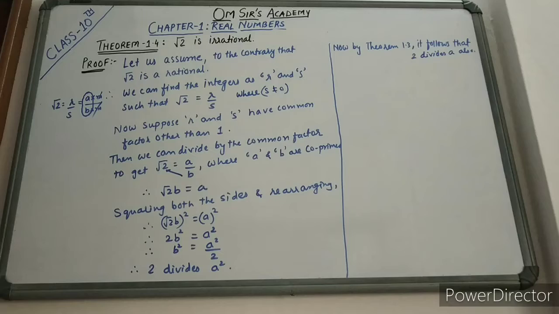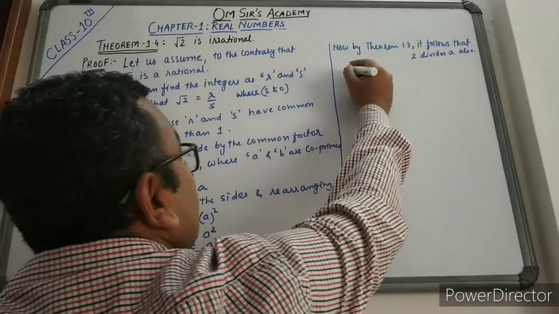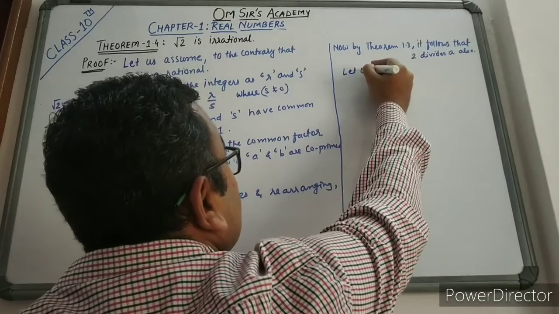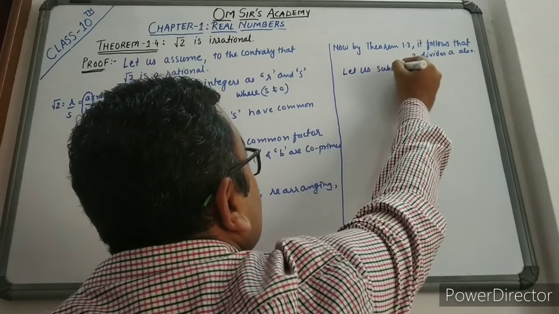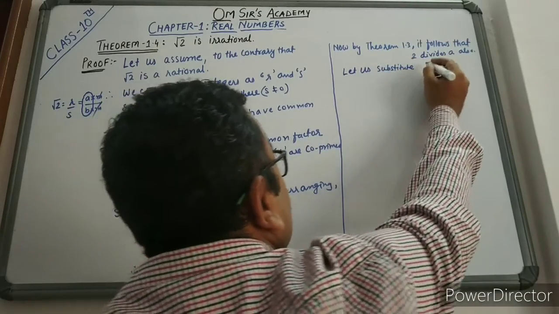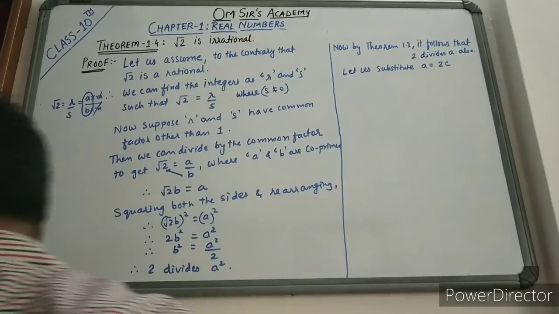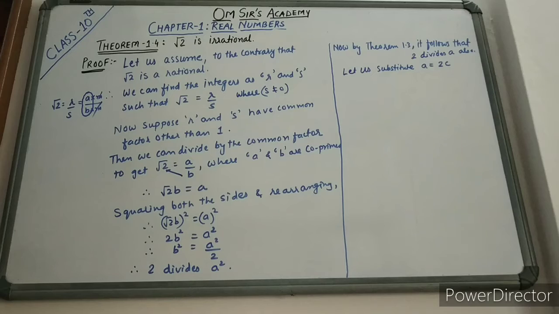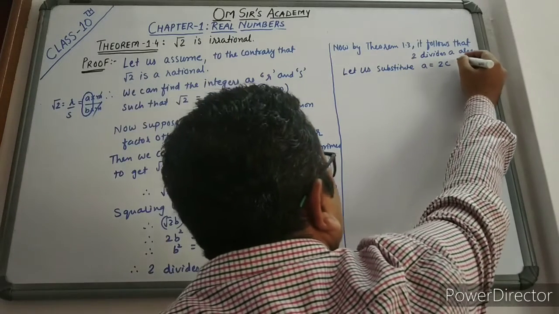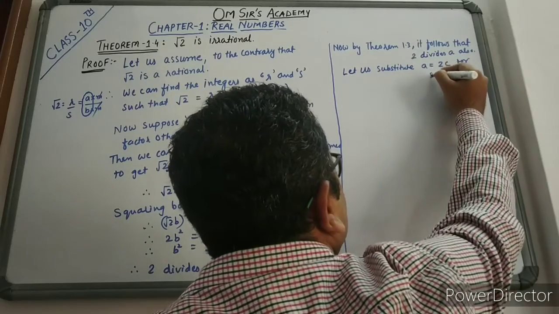So let us substitute a. So we get, let us substitute a equals 2c. Is it clear? So मान लेते हैं कि a की जगह हम क्या लेते हैं? 2c for some integer c.